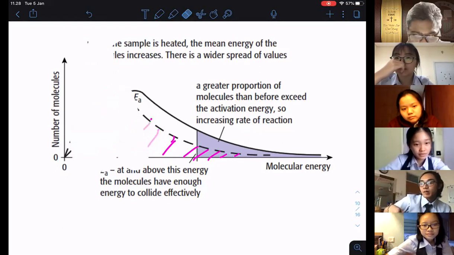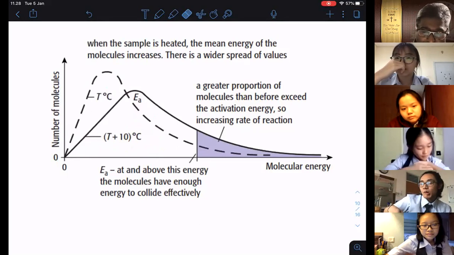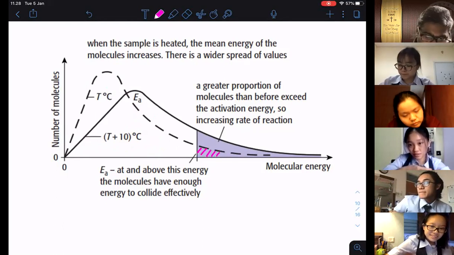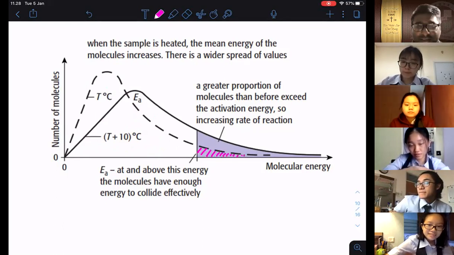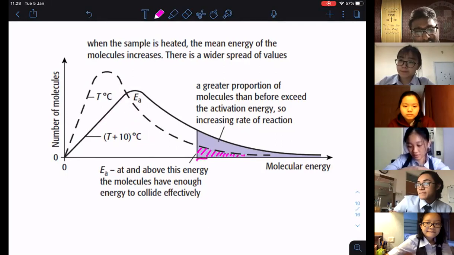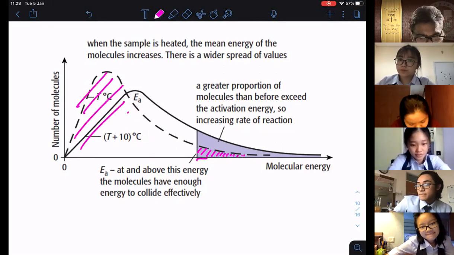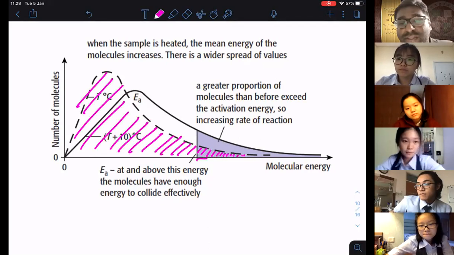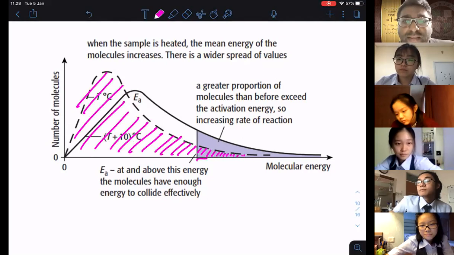I think I have read this before as well. If this is the total particles having energy greater than this, then overall this is going to be the total particles in the system, or total reactant. It means total particles, okay?